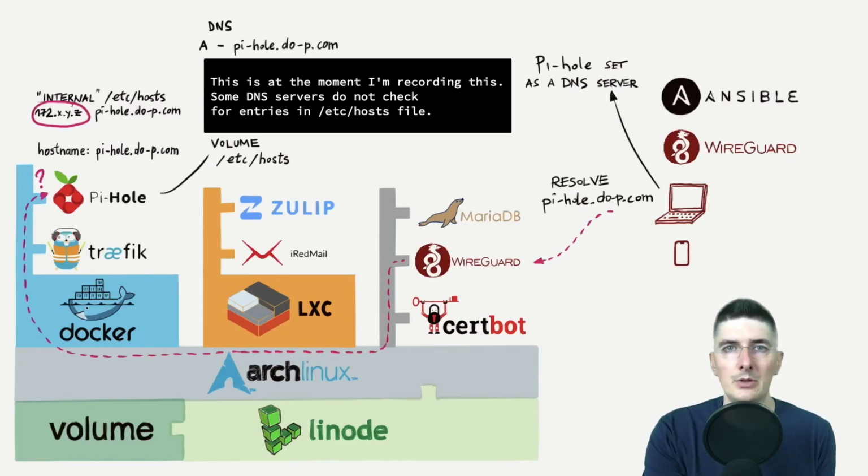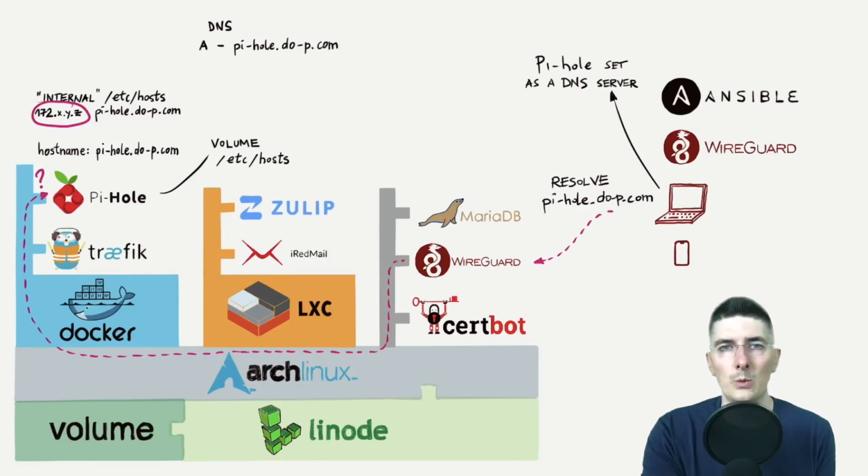It will instead return a local IP address of the Docker container because it has it in the etc hosts file, which is the first place to check for the host's IP. To avoid that, we'll supply a custom etc hosts file which has a public IP for pi-hole.do-p.com, essentially returning the same IP address as if it was resolved using the upstream name server.